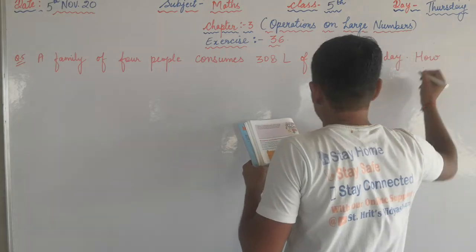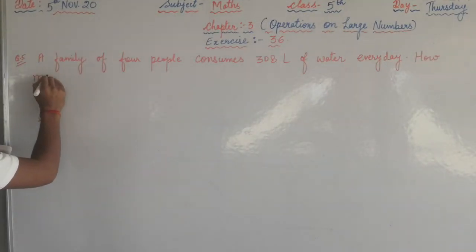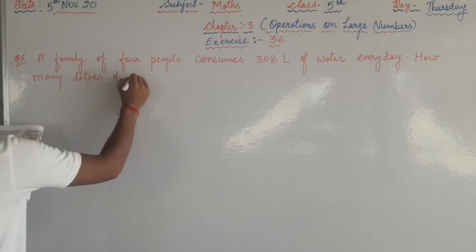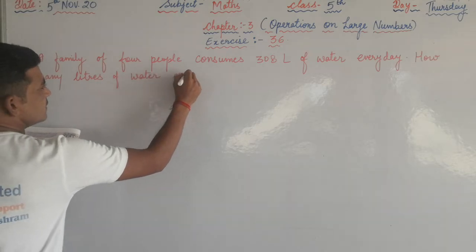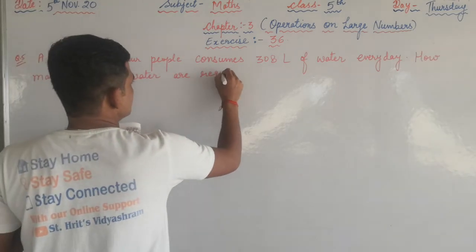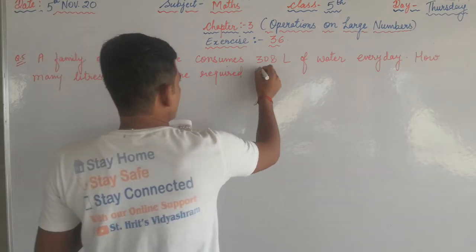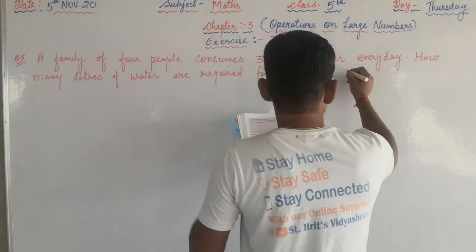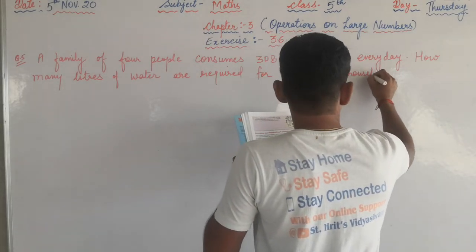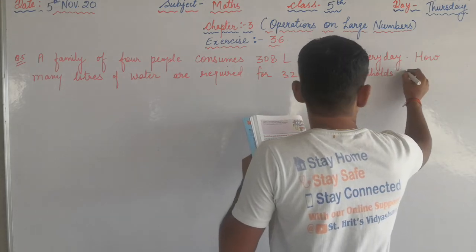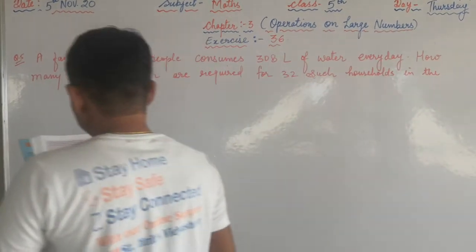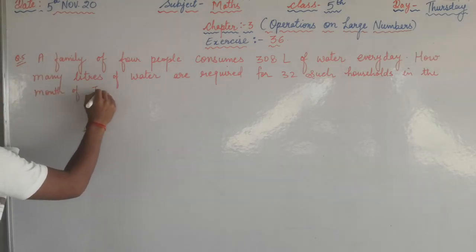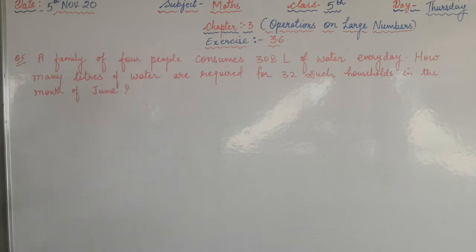How many liters of water are required for 32 such households in the month of June?